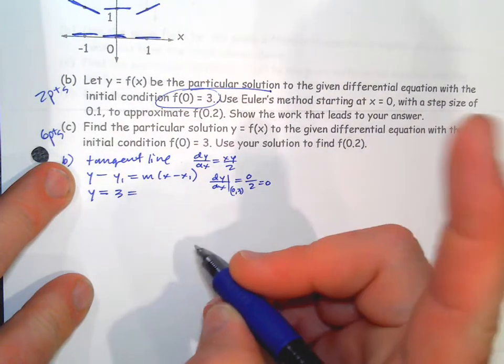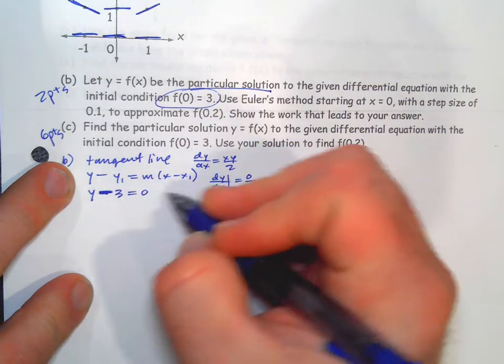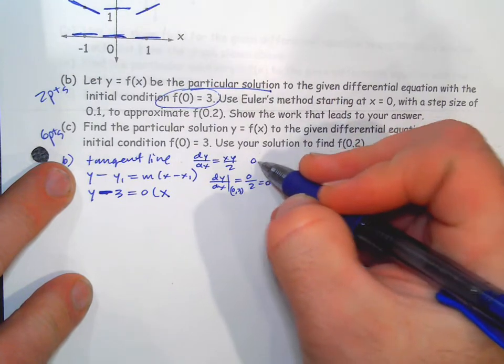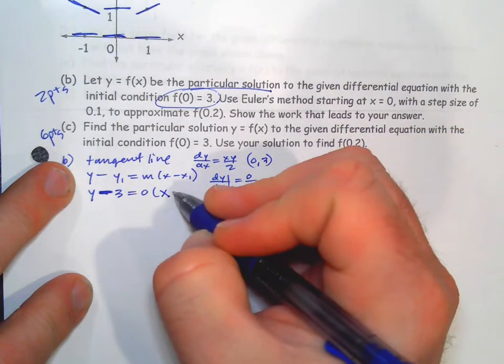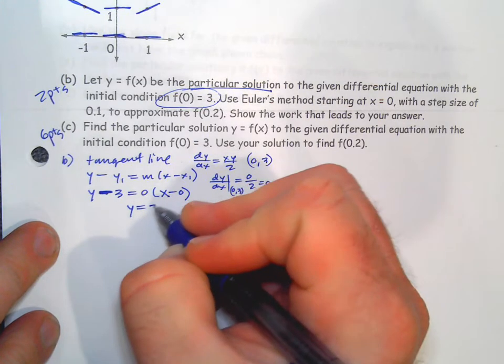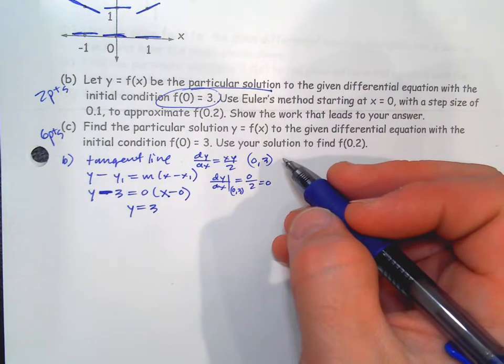So the slope is 0. We're starting at 0, 3, x minus 0. So this is going to be y equals 3 is the line no matter what x is.